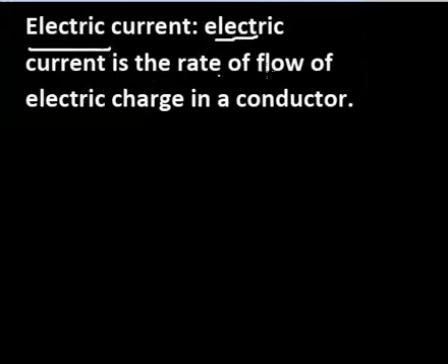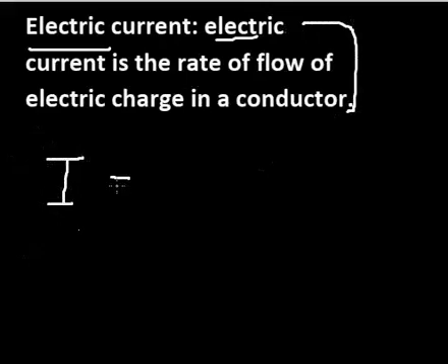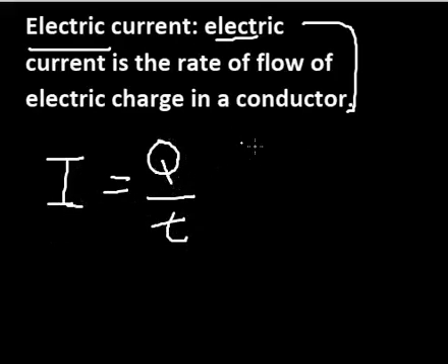Electric current is defined as the rate of flow of electric charge in a conductor. Or you can define it as the quantity of charge flowing through a conductor per unit time.